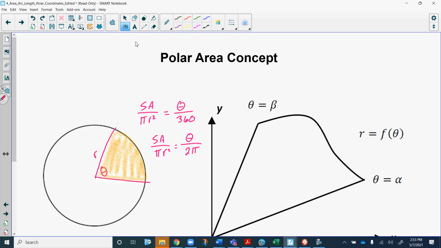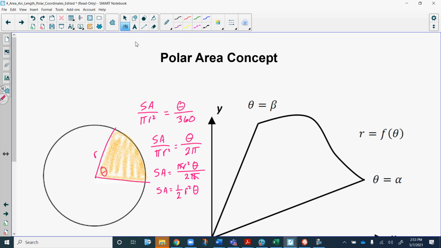If I rearrange that to have the sector area by itself, the sector area is equal to pi r squared times theta over 2 pi. The pi and pi simplify, and so the sector area is effectively 1/2 times the radius squared times whatever theta is.